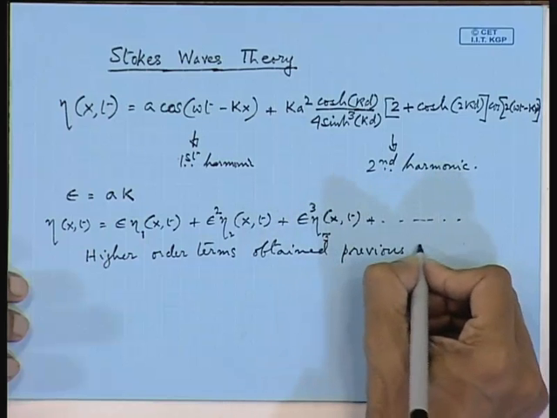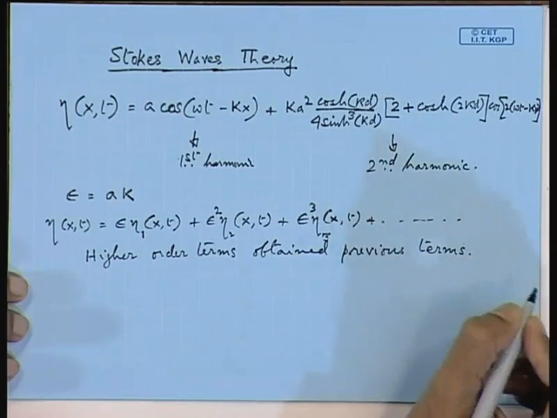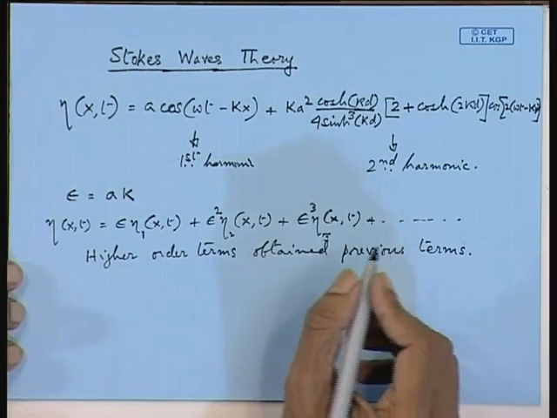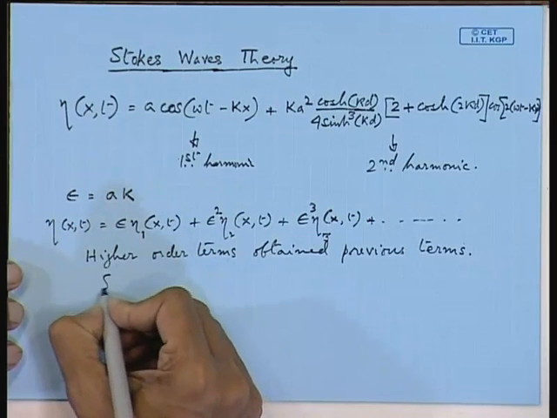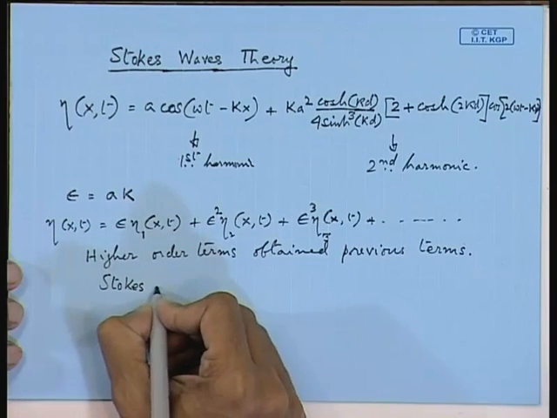This is the essence of Stokes theory, but by this method, if you do a computer program, your Stokes theory takes a lot of computer time. So, Stokes is actually more complicated.